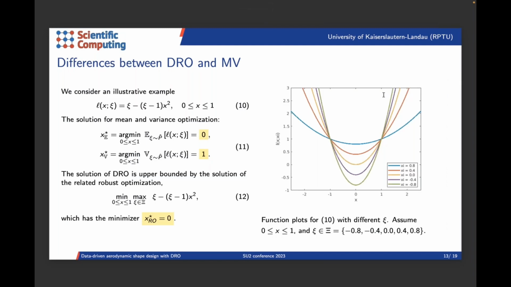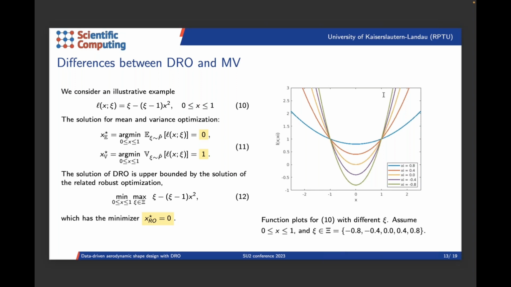To give intuition, we consider an example here. We consider a function that is quadratic in x and linear in xi. Assume x takes values from 0 to 1, and xi has 5 supports, and we plot 5 curves, one for each support. The solution for x that minimizes the mean with respect to xi is 0, because all curves are minimized at 0.